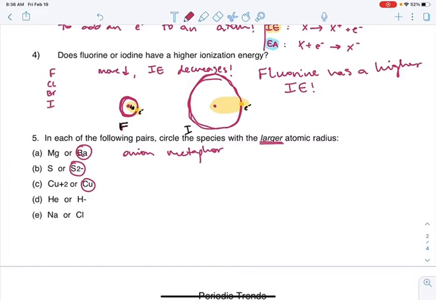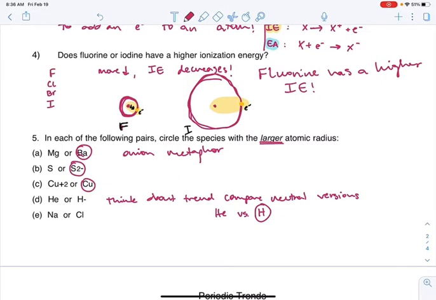So here we have helium and hydrogen minus. Let's be careful about this one. If we think about the trend, let's compare the neutral versions first. So helium versus hydrogen, neutral. Hydrogen's going to be bigger even when they're both neutral because it's further to the left, right?